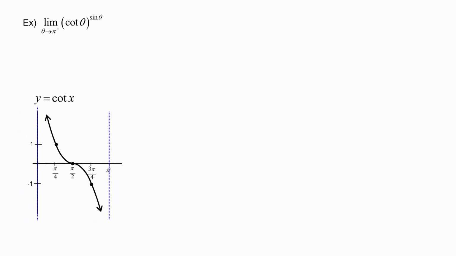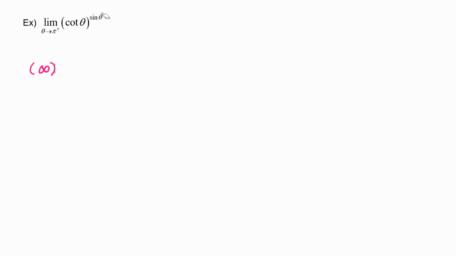As theta approaches pi from the right, the graph of cotangent of theta is approaching positive infinity because there's a vertical asymptote there. And as we come in from the right of pi, the y value heads to positive infinity. We know that the sine of pi is 0.